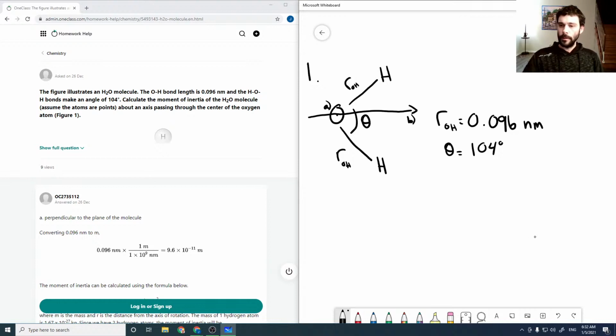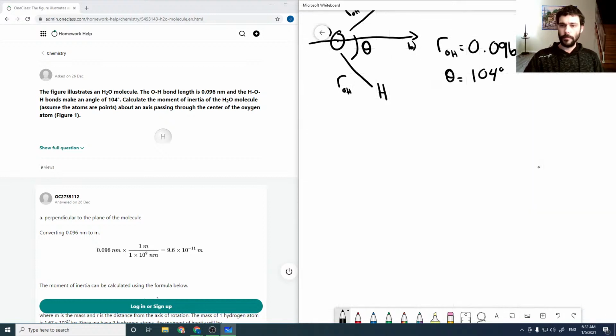Okay, so first I'll redraw the axis each time, and maybe next time I'll get it a little better. So there's ROH, and there's theta.